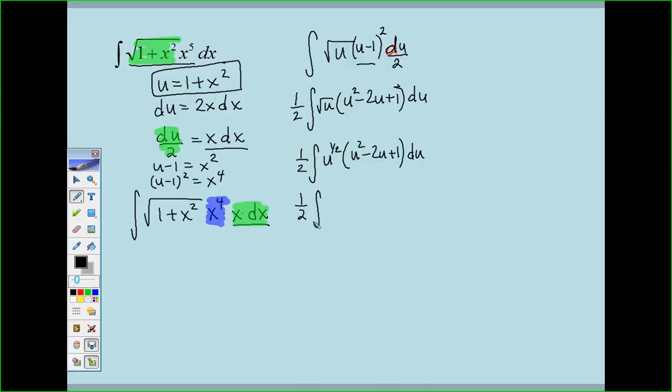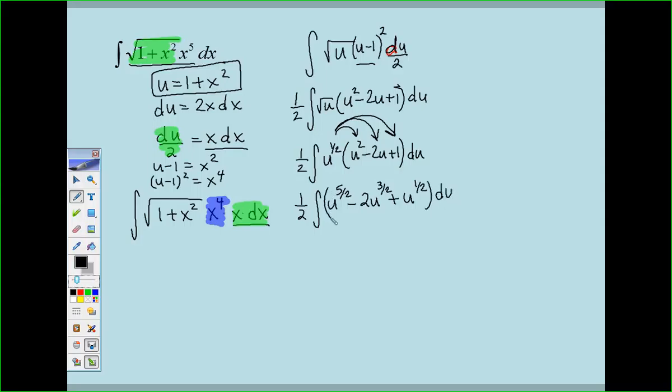So u to the 1/2 times u squared would be u to the 5/2, and then we would have minus 2u to the 3/2, when we add our exponents, plus u to the 1/2.